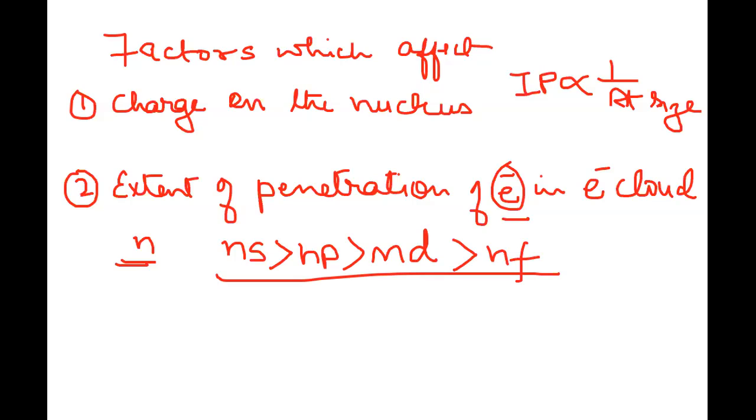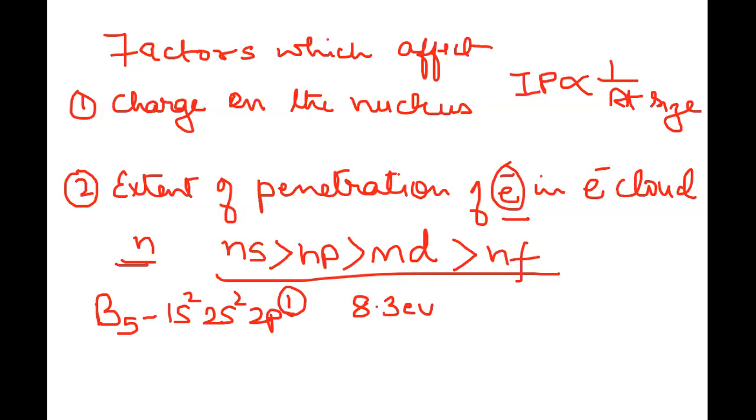Suppose I'm talking about boron. Boron's atomic number is 5: hydrogen, helium, lithium, beryllium, and boron. The electronic configuration is 1s2, 2s2, 2p1. The energy required to pull out the 2p electron is around 8.3 electron volts per gram atom, let us say.